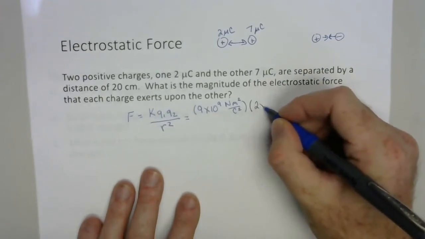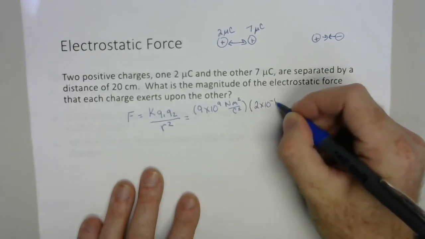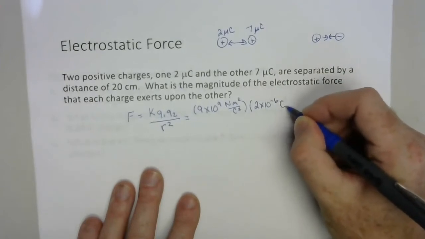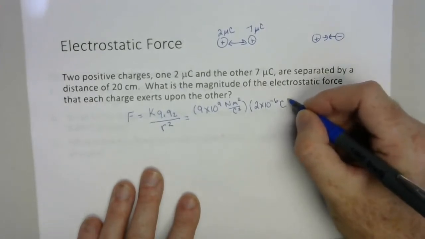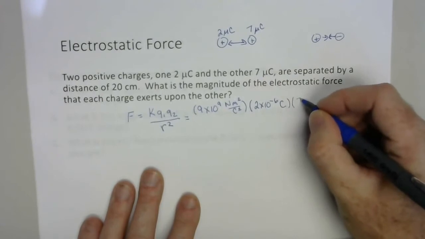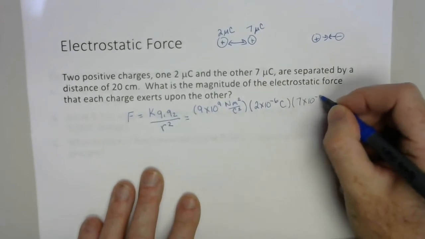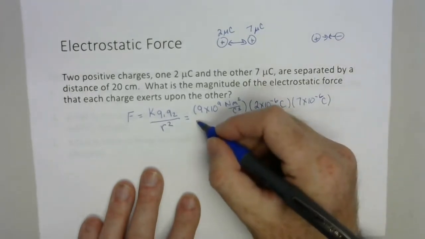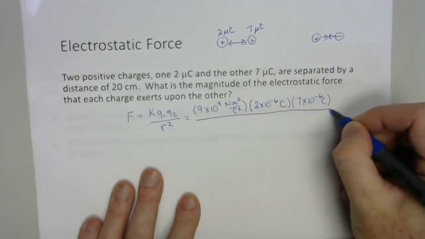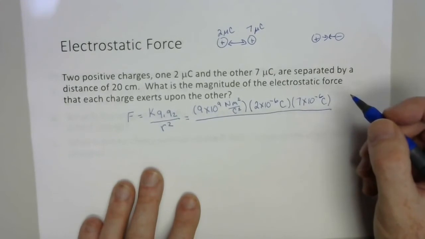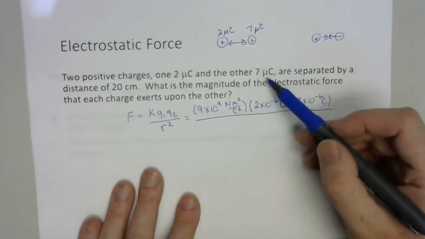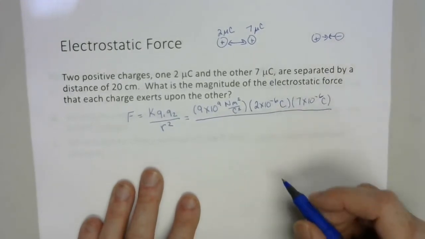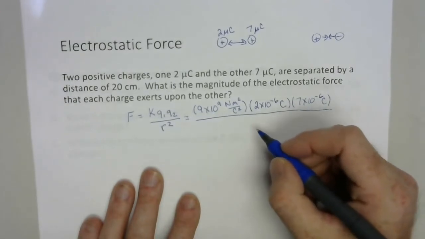So it's going to be 2 times 10 to the negative 6 coulombs. Remember, micro is 10 to the negative 6. And 7 times 10 to the negative 6 coulombs for the other. Coulomb is actually a very large charge unit, and so a lot of times you do see microcoulombs, which is why it's presented here.